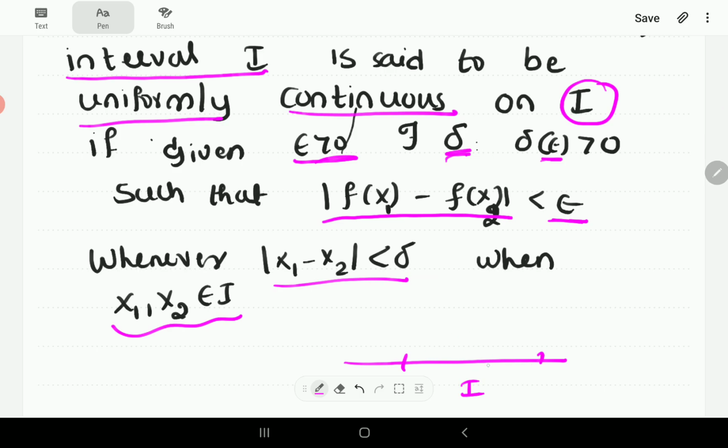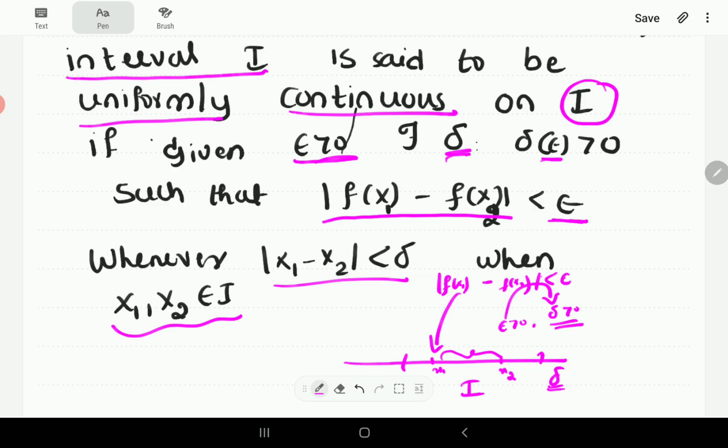There exists some epsilon greater than 0, and there exists some delta, which is also greater than 0 and depends on the epsilon, such that, if I take some x1 which is a point of the interval, and x2 which is a point of the interval, then the given function at x1, which is f of x1, and at x2, which is f of x2, the difference between them is less than epsilon whenever this difference is less than delta.